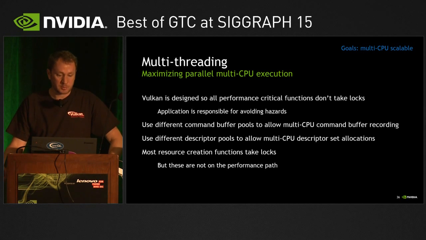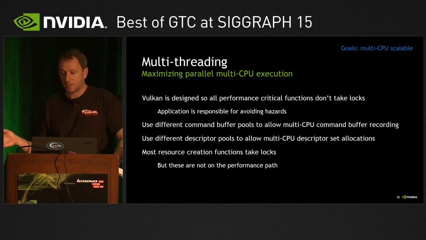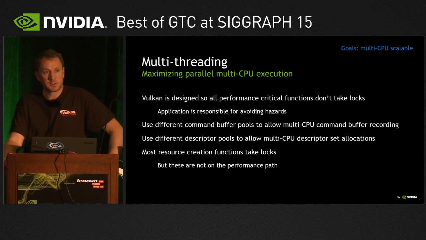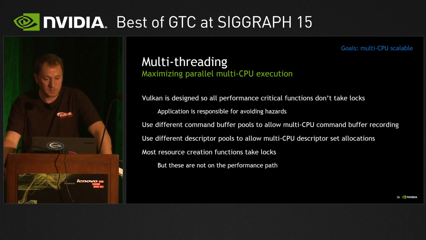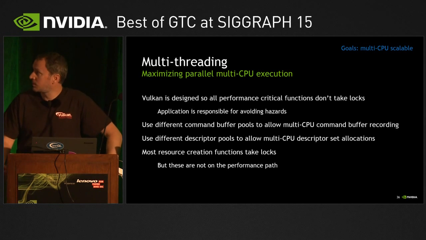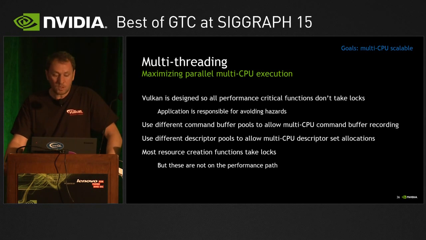So this just talks a little bit about maximizing multi-threading. I just mentioned the command pools are designed to allow command buffer building across multiple threads. We also have a bunch of other features in Vulkan to help your applications run in parallel as much as possible. For example, our descriptor pools allow multi-CPU descriptor set allocations. Resource creation does take locks.